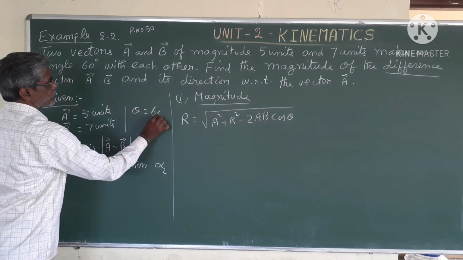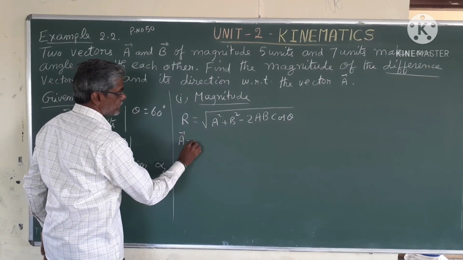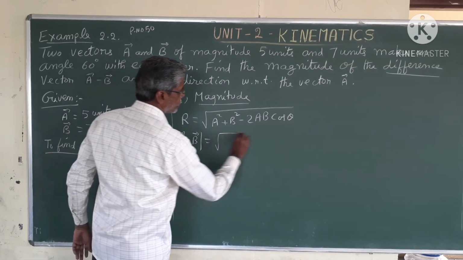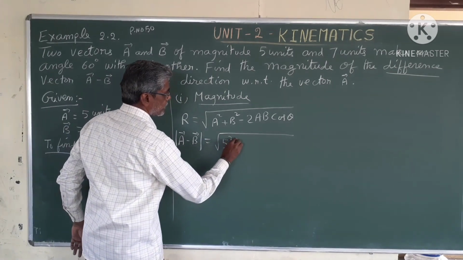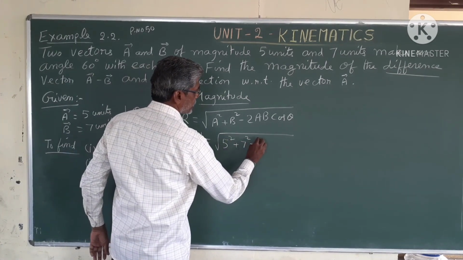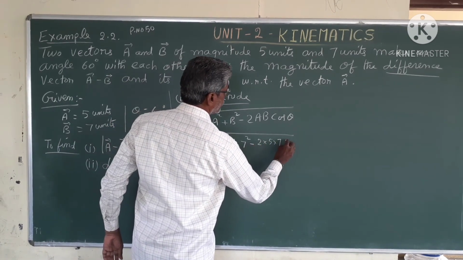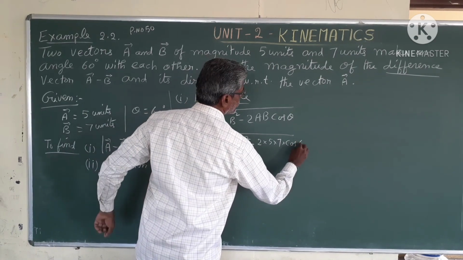Theta is equal to 60 degree. This R I can write it as modulus of A vector minus B vector is equal to, what is A? 5. So 5 square plus 7 square minus 2 into 5 into 7 into cos 60.